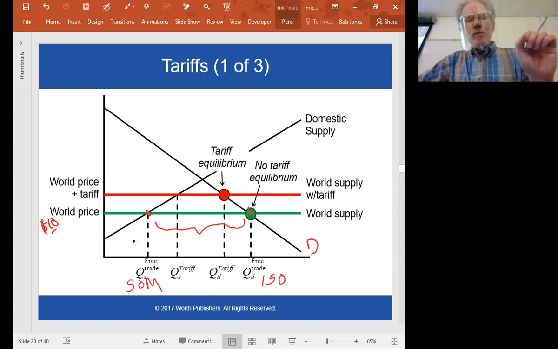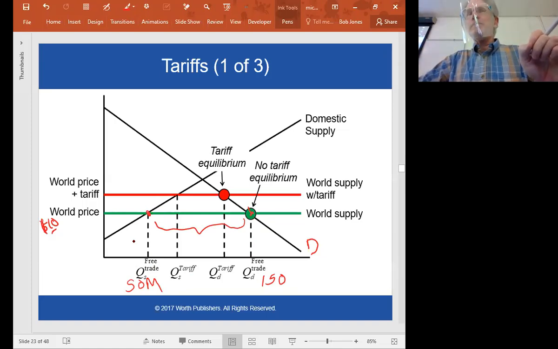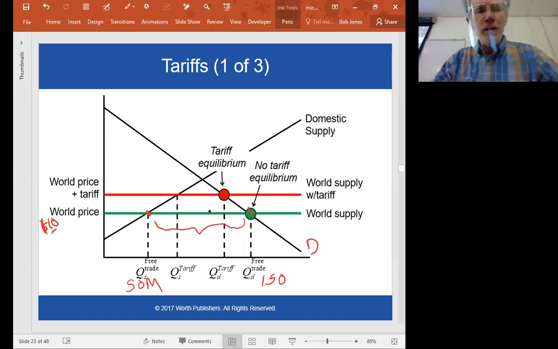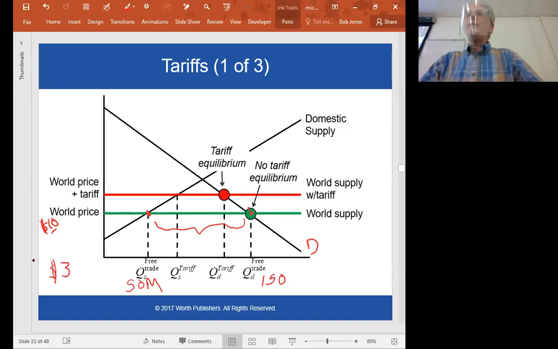If they go to the government and convince the government that a tariff should be imposed, we can easily think through what the consequences are going to be. Let's say that a $3 per unit tariff is imposed. That's a $3 tax on foreign producers.